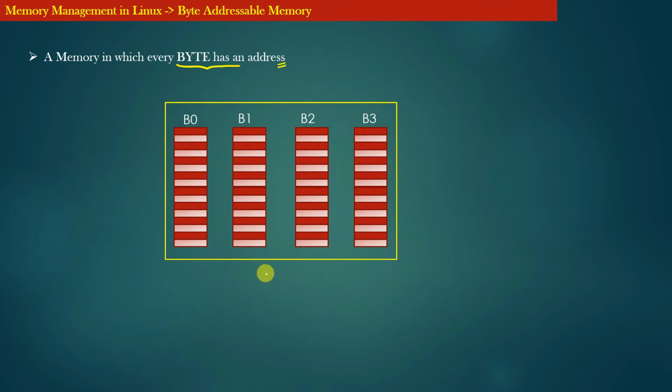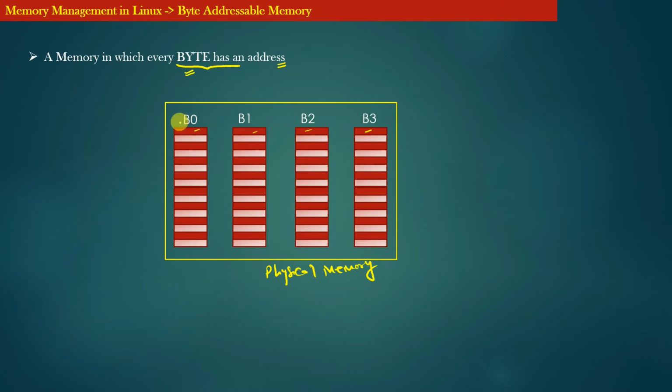Suppose this diagram represents your physical memory. You can see that each row of this physical memory comprises 4 bytes, that is byte 0, byte 1, byte 2 and byte 3. Now your physical memory is a byte addressable memory, that is, every byte has an address.